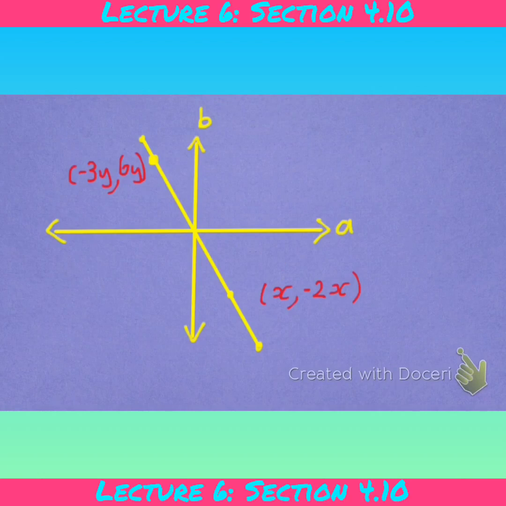Those are all points that lie on the straight line b equals minus 2a.